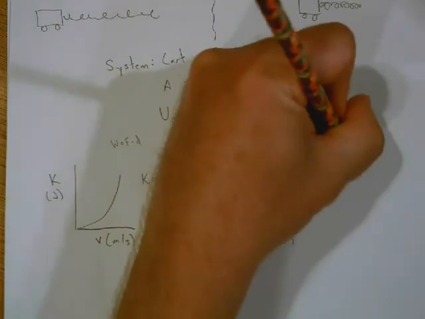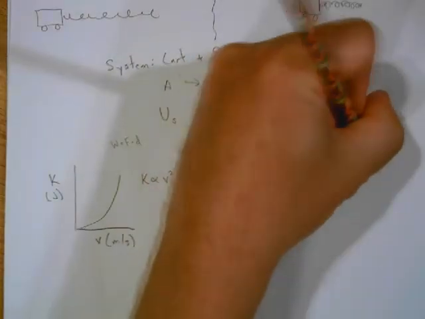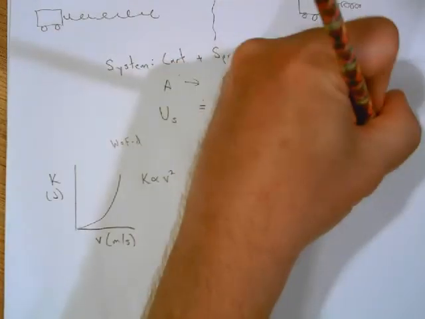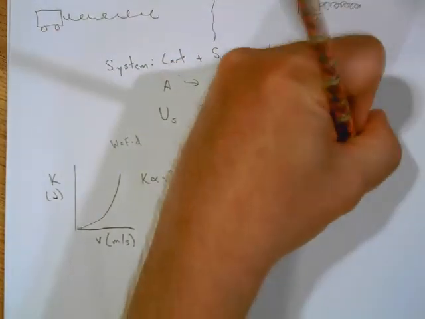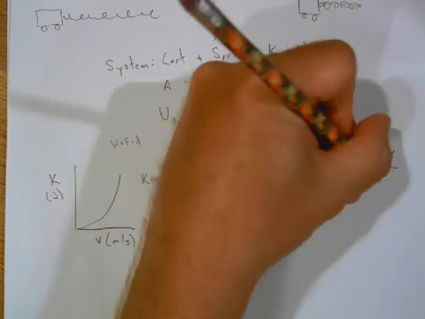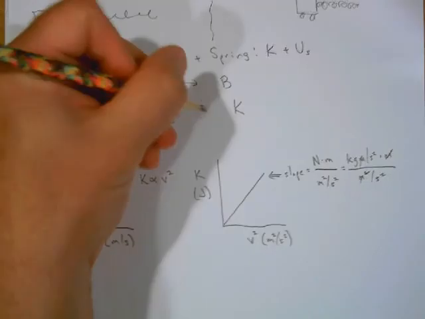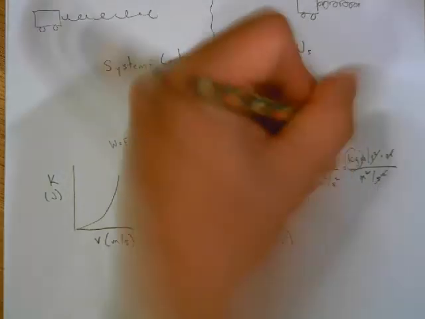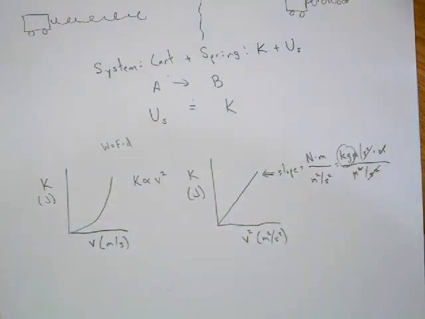Well, what is a newton really? That's a kilogram meter per second squared, m times a, times meters over meters squared seconds squared. Oh look, one meter goes away. Oh look, the other meter goes away. My seconds squared goes away. I have kilograms.